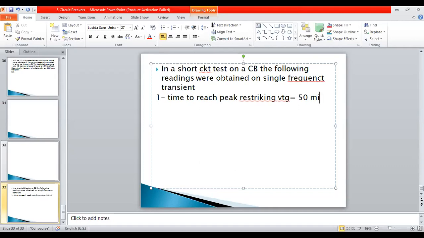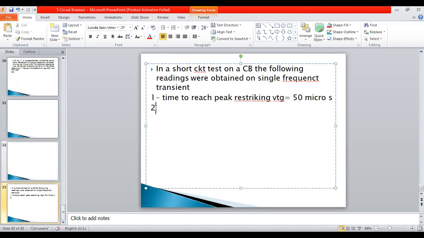Second, the peak striking voltage is 100 kV.